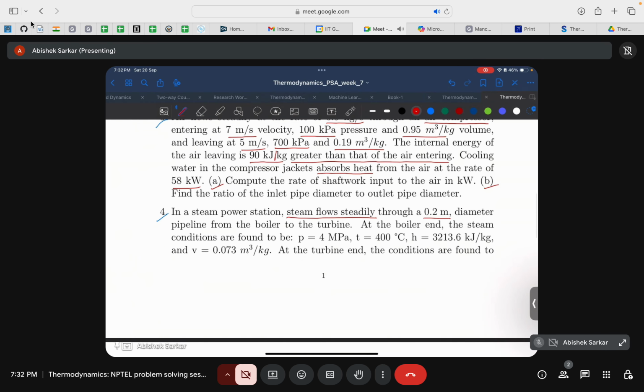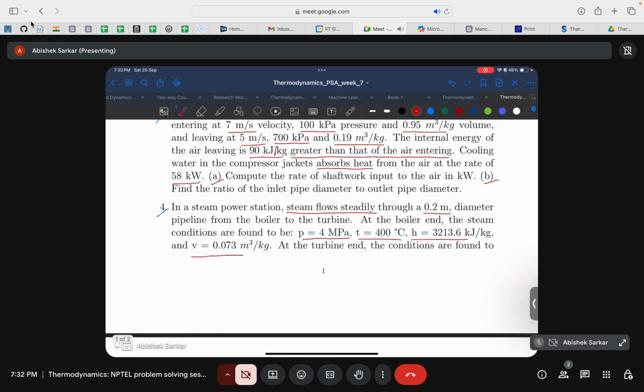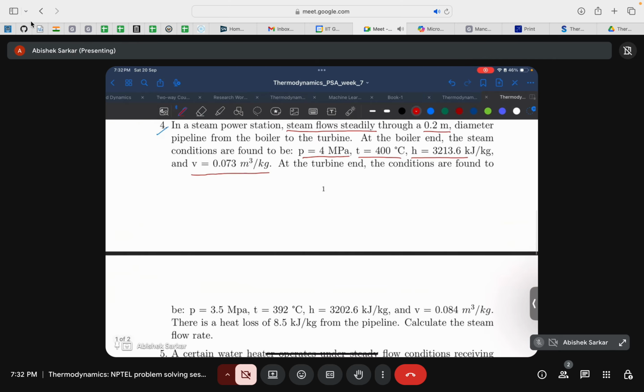At the boiler end, the steam conditions are found to be P is 4 megapascal, temperature is 4 degrees Celsius, enthalpy is 3213.6 kilojoule per kg, and specific volume is 0.073 meter cube per kg. At the turbine end, the conditions are P equal to 0.35 megapascal, T is 392 degrees Celsius, H is 3202.6 kilojoule per kg, and specific volume is 0.084 meter cube per kg.